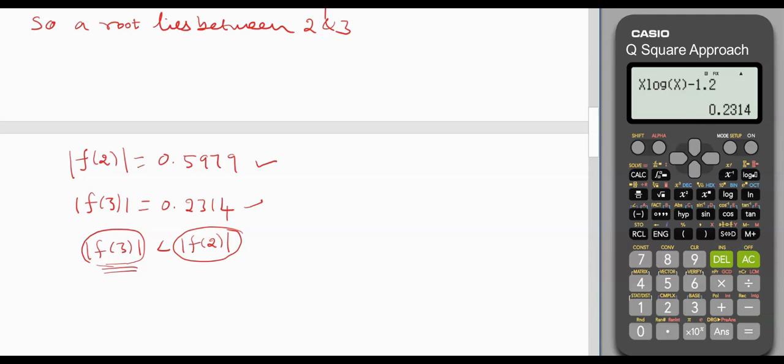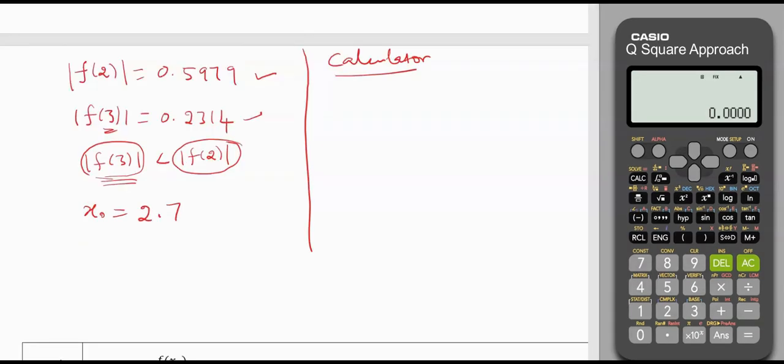So let us take the value of x0 nearer to 3. We may choose x0 is equal to 2.6 or 2.7 or 2.8, but now we choose x0 is equal to 2.7.